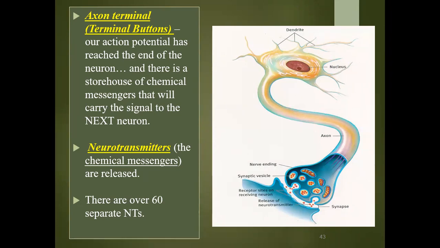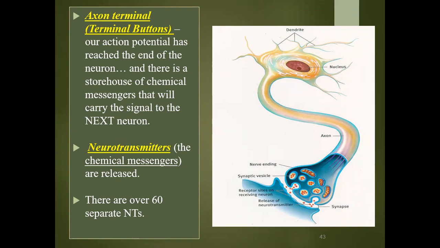All right, the first thing we have is something called a terminal button, or the axon terminal, if you prefer. They're used interchangeably. I haven't found any rhyme or reason to it, so both of them are perfectly fine. It's this area right here. It's like that bulb at the bottom, and inside that bulb are what we're going to learn are called vesicles, and inside those vesicles are our neurotransmitters.